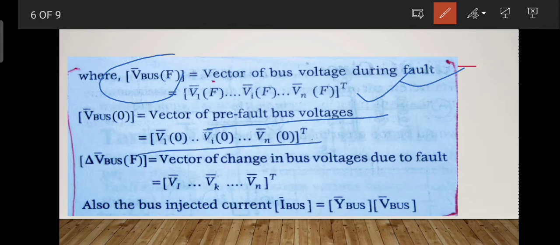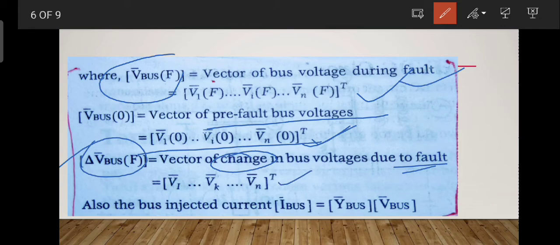And del V bus fault is the vector change in the bus voltage due to fault, del V1 to del Vk to del Vn transposition.